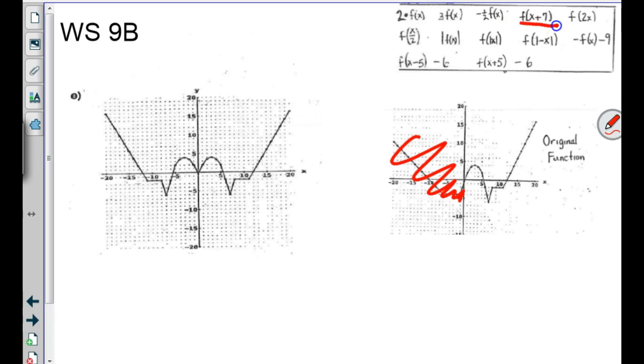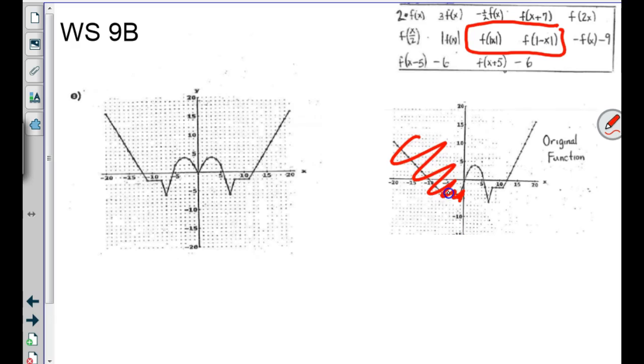But remember, we had these two choices. Did they reflect it and then cut it off, or did they just cut it off? Okay. They cut it off before they reflected it, guys.